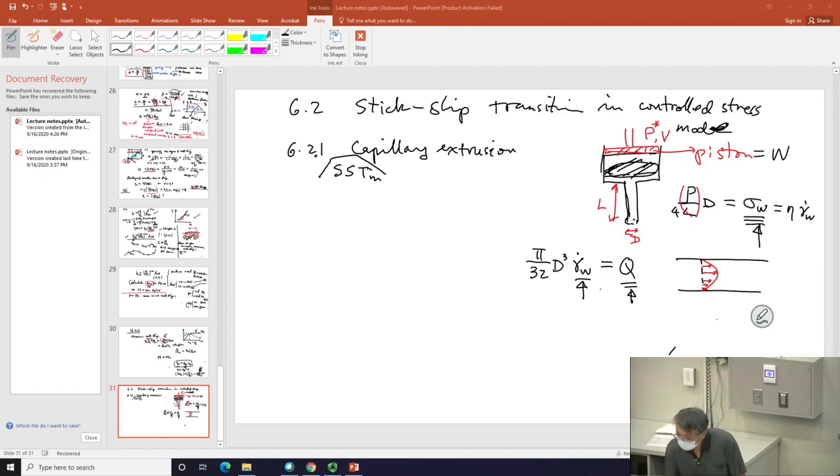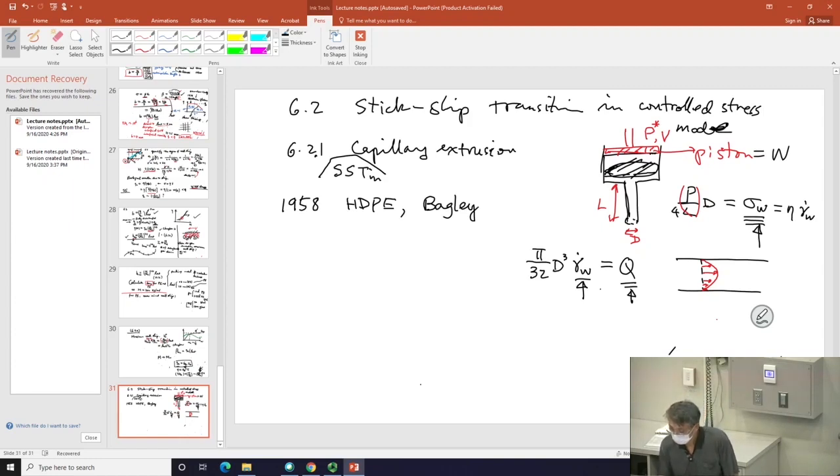So this actually was what was done. It was done in 1958 for polyethylene by Bagley, using such a pressure control rheometer.